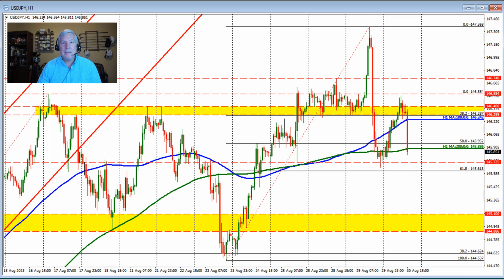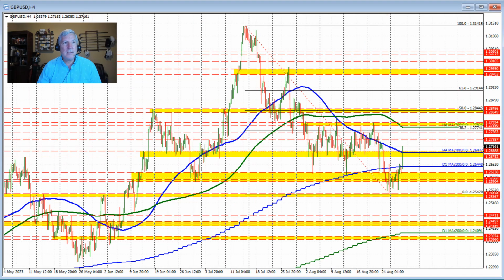Let's take a look at the sterling versus US dollar next, and we have it on the 4-hour chart. We are breaking above this 100 bar moving average on the 4-hour chart. If we look at last week's trading, the last 2, 3, 4 tests against that 100 bar moving average found willing sellers before moving to the downside.